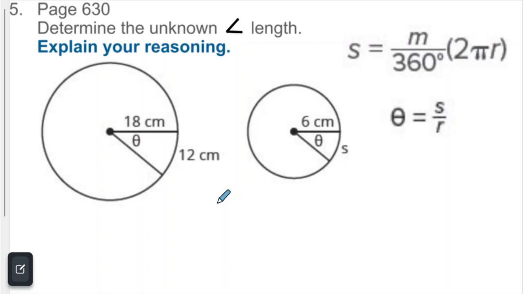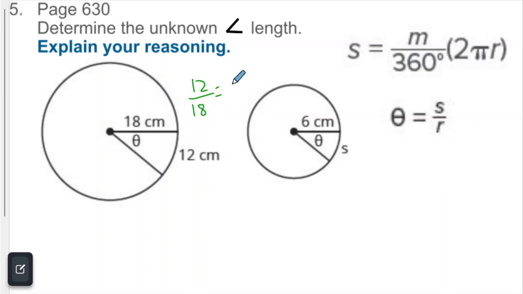Okay, so now we're going to figure out some angle measures with radians. To figure out your theta, you take this arc length, which is s, divided by your radius. So simple math here. I'm going to take 12 over 18, and that's going to reduce down.